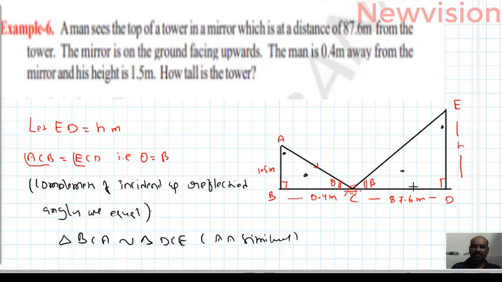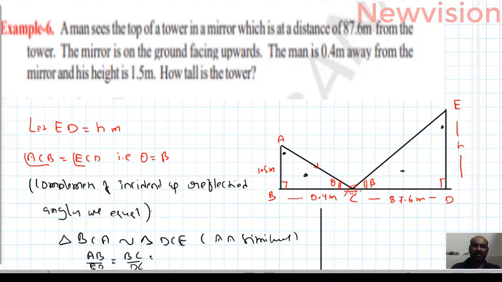That is not a big problem. You can say AA similarity also. Now what do you want? You want ED. So AB by ED equals BC by DC, which also equals AC by CE, but I don't want that. What is the reason these are equal? If two triangles are similar, the corresponding sides are in proportion.